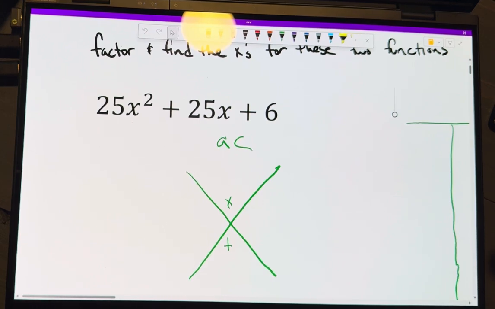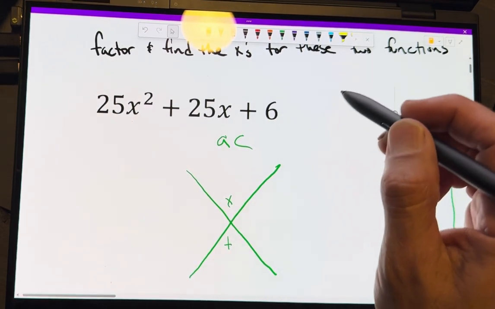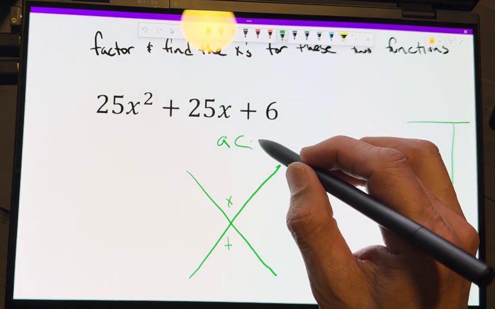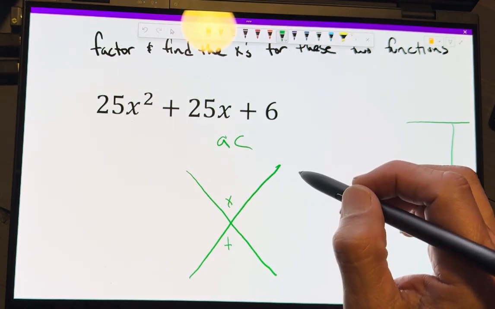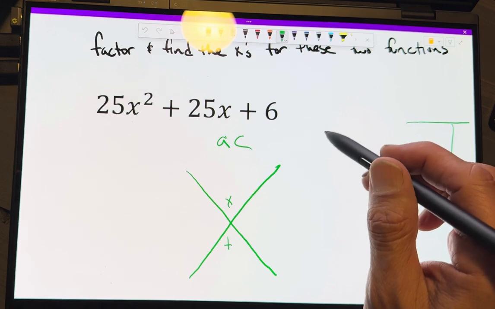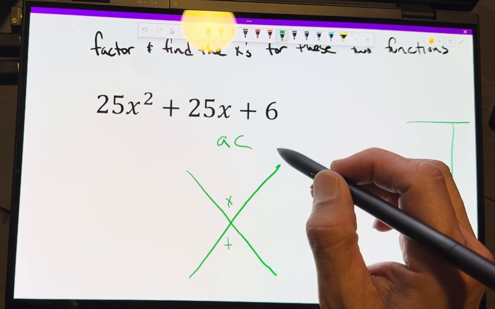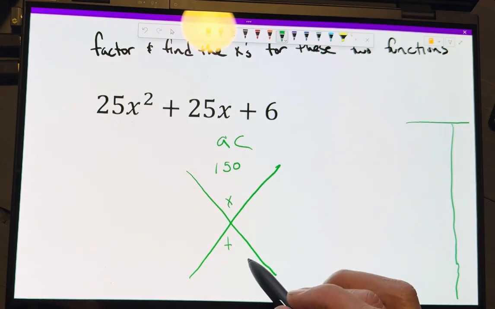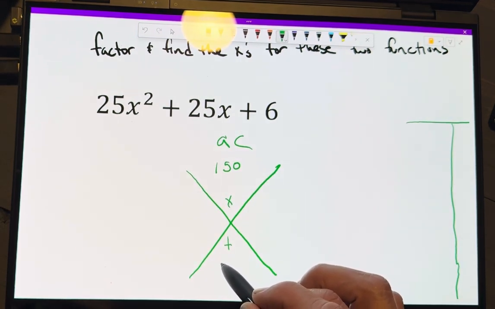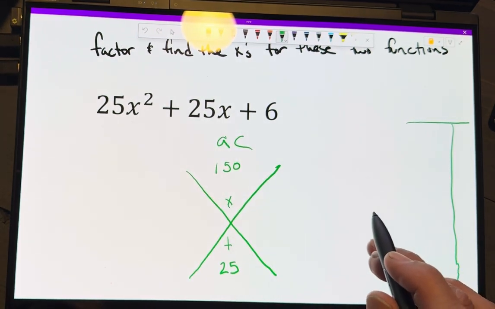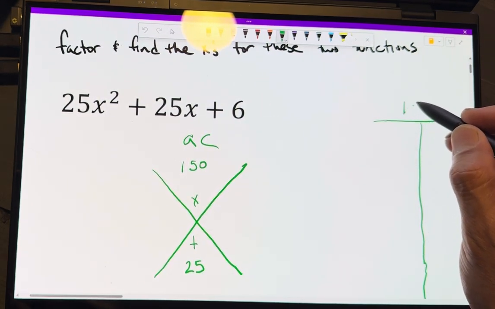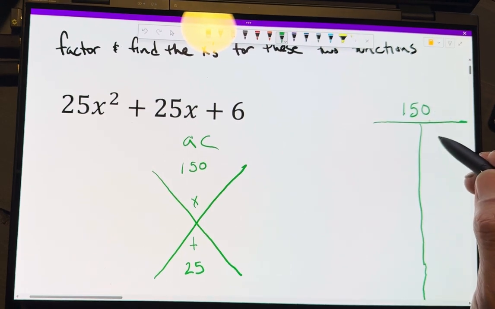Okay, so let's go over this. First, we use the AC, the X method, as you know, is my favorite. So 25 times 6 is 150. The B is 25. Now let's find the factors of 150 that could give us 25.